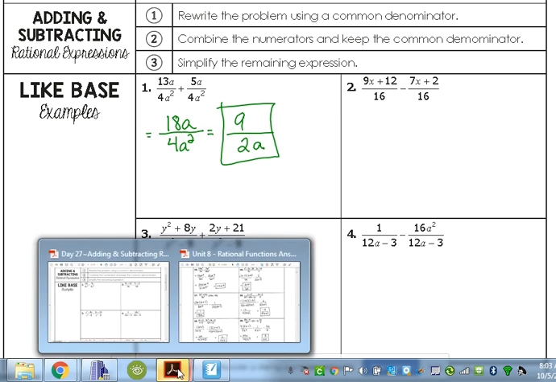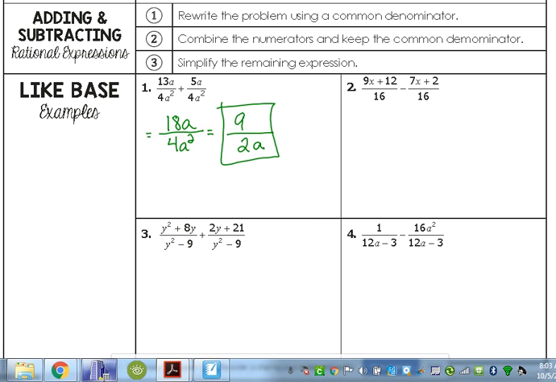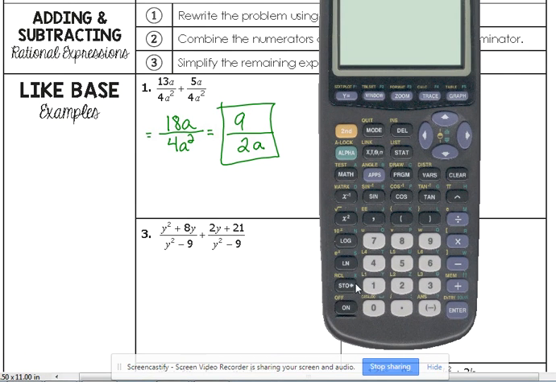Now, let me show you real quick how to check this. It's very, very easy to check this. Go to your y1. I'm going to keep showing you how to do this. Put the numerator in parentheses, 13x over 4x squared. Make sure it's in parentheses. Notice how my 13x is in parentheses, my 4x squared is in parentheses, plus parentheses 5x, close them, divided by parentheses 4x squared, close them.